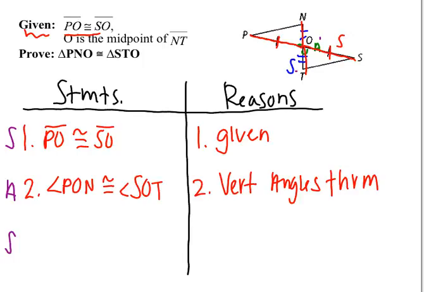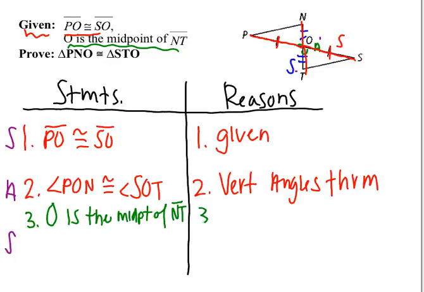So now we kind of have some filler information, right? Because I can't just jump and say ON is congruent to OT. I first have to give this given information, because otherwise we'd just be making it up. So my third step is O is the midpoint of NT. And why can we say that? That's given information.